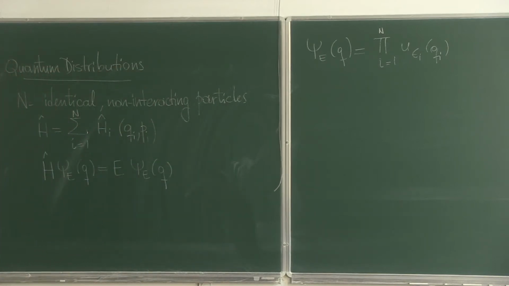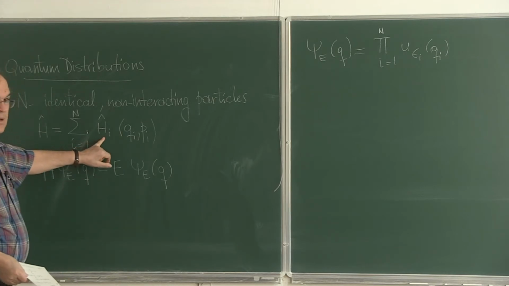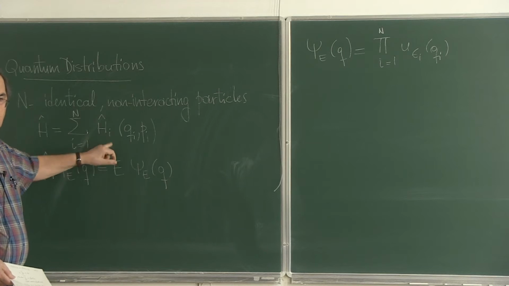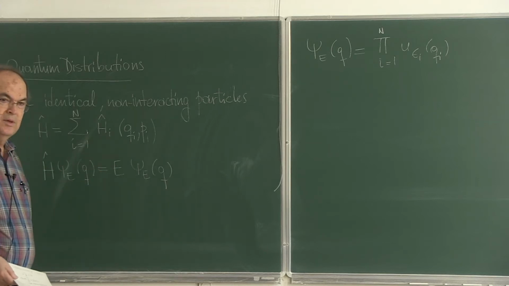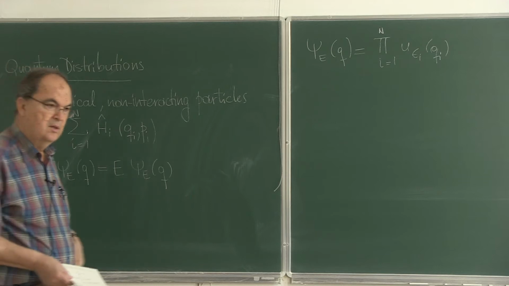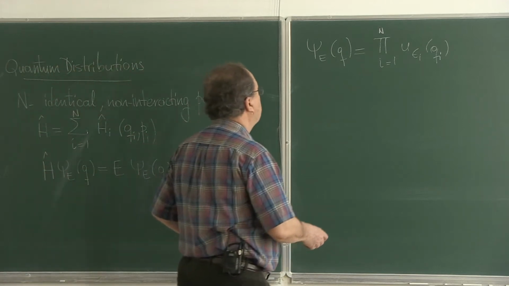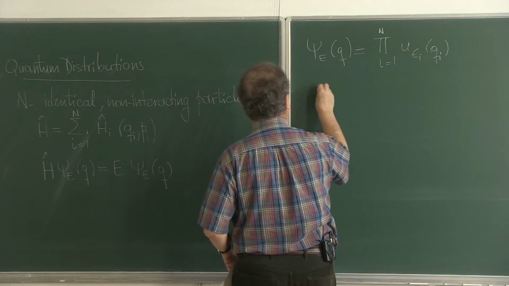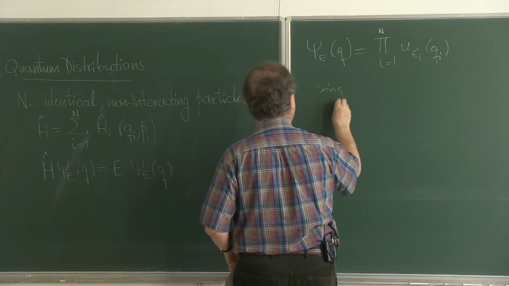These are the solutions of the Schrödinger equation corresponding to that Hamiltonian, the individual single particle states. Okay? So you have to understand the system wave function in terms of single particle states.